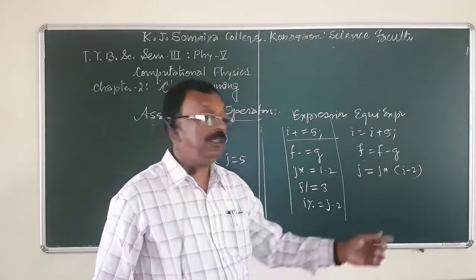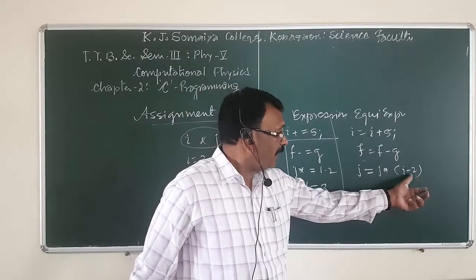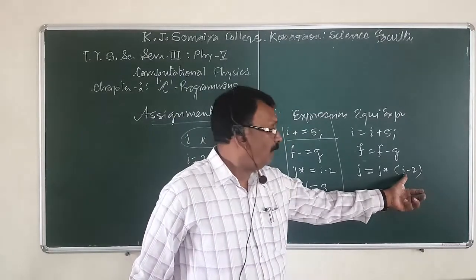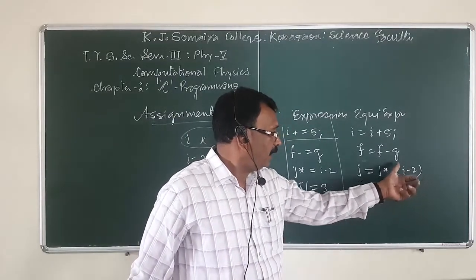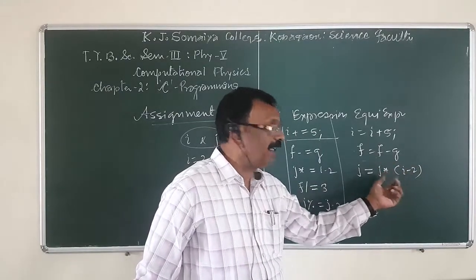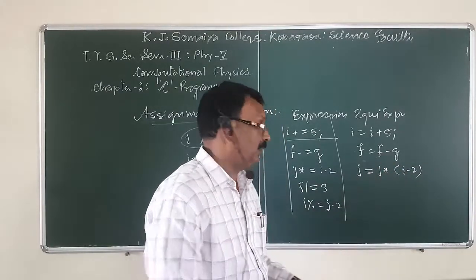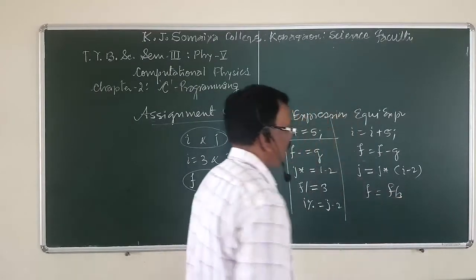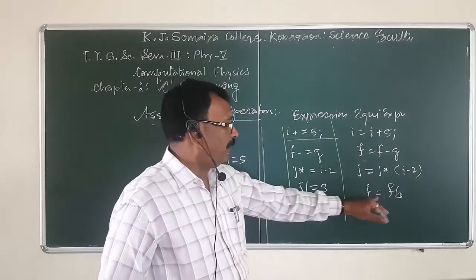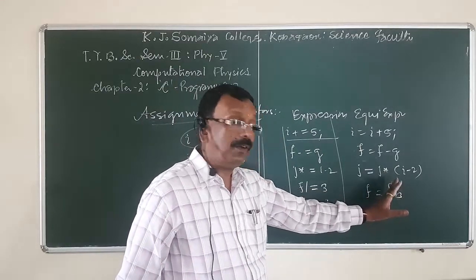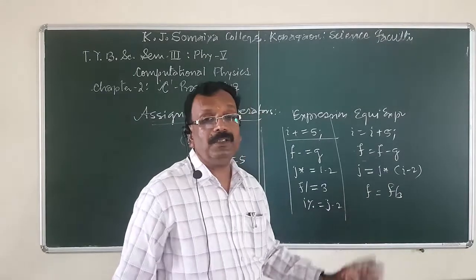Then the third one is j is equal to j into i minus 2. Subtract 2 from the integer value i, take the product of this with the value of j, and then assign the result to j. The next one is f is equal to f by 3. That is, divide the value of f, whatever it may be, by 3 and assign the result to f.